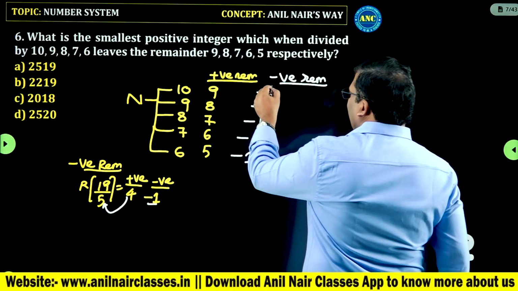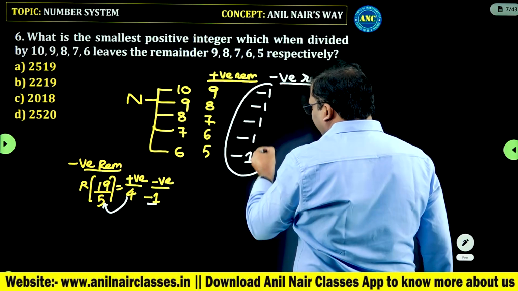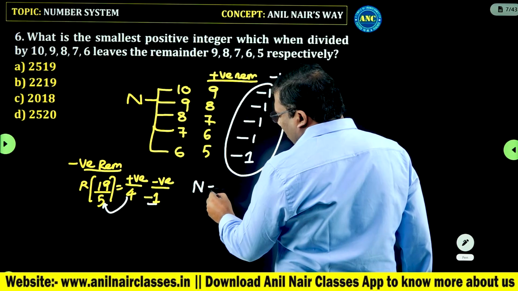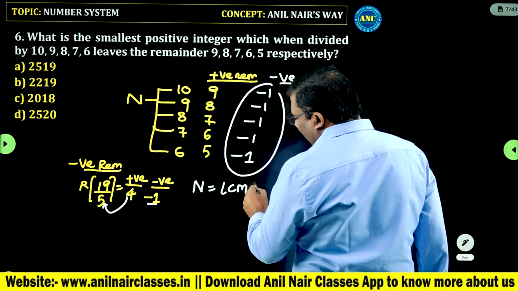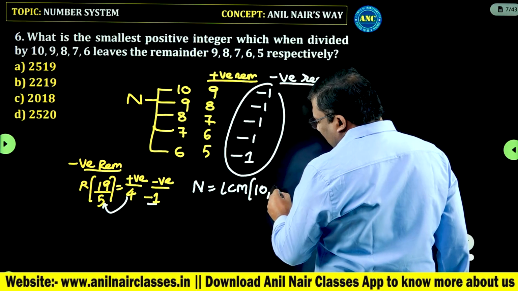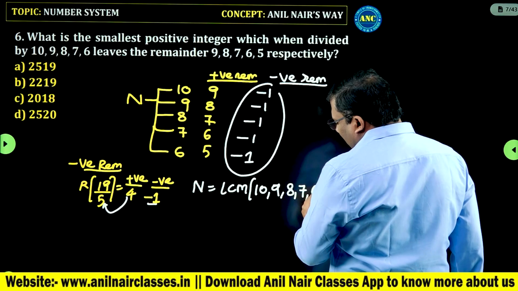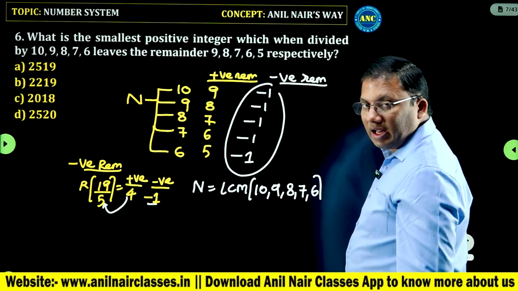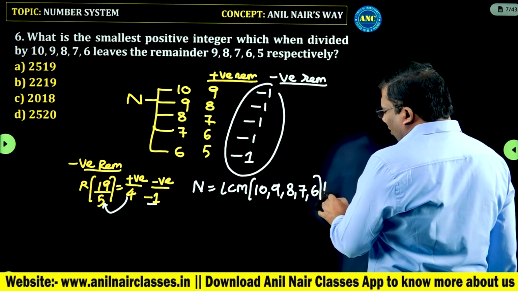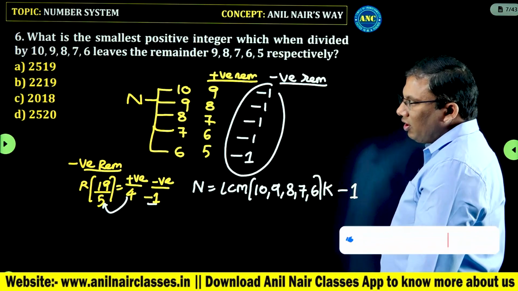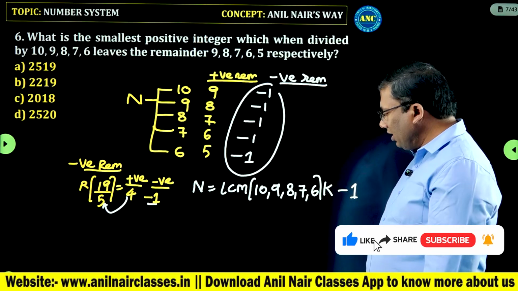That means the negative remainders are the same. Then what will be the number? The number is perfectly divisible by 10, 9, 8, 7, 6 in all the cases, with negative remainder minus 1.